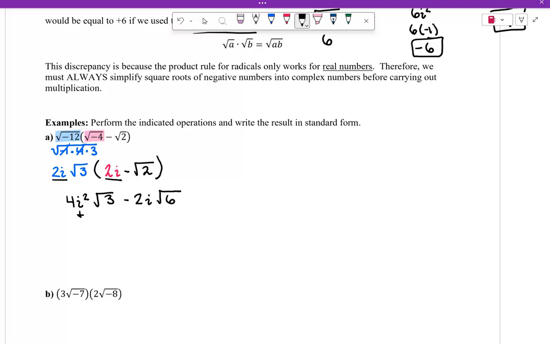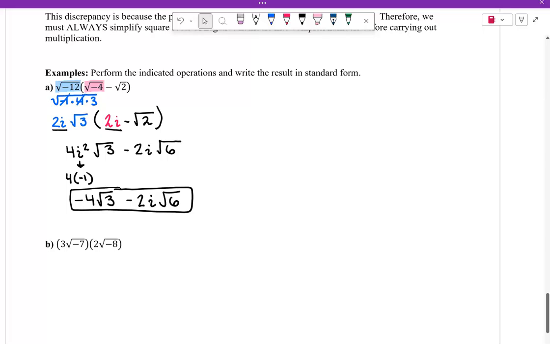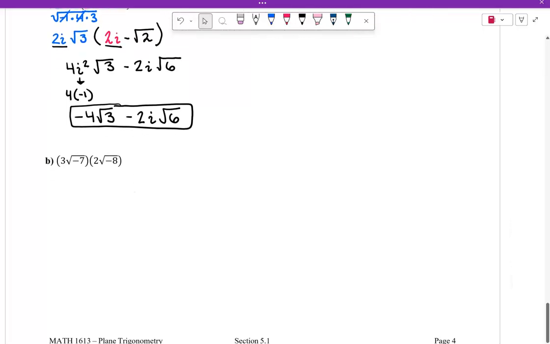So we do need to fix our i squared as a -1 times 4 is -4 square root of 3 minus our 2i square root of 6. And notice the real part's written first and then the imaginary part's in the back.